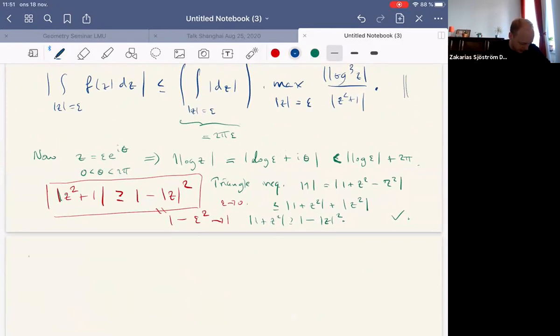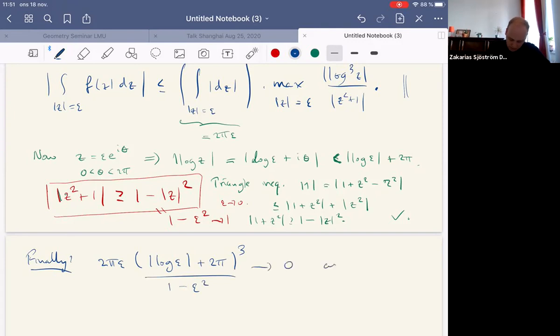So we wanted to see that finally 2 pi epsilon times the absolute value of log epsilon plus 2 pi, to the cube over 1 minus epsilon squared. So this goes to 0 as epsilon goes to 0. And we'll try to justify this by saying that epsilon log epsilon goes to 0 as epsilon goes to 0. And then this thing here just goes to 1.